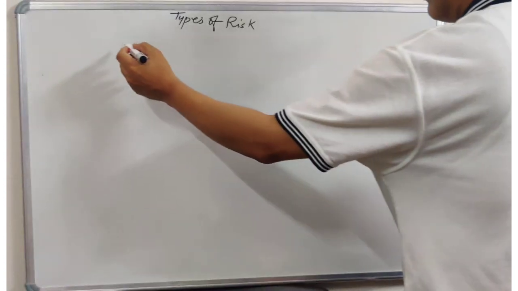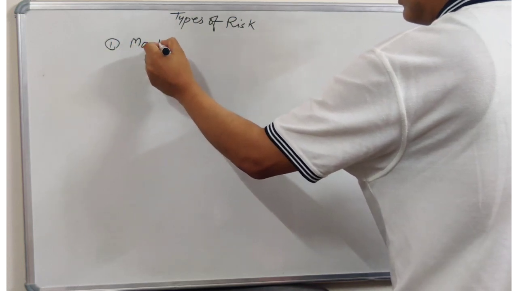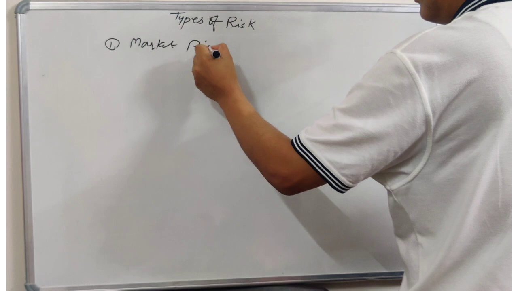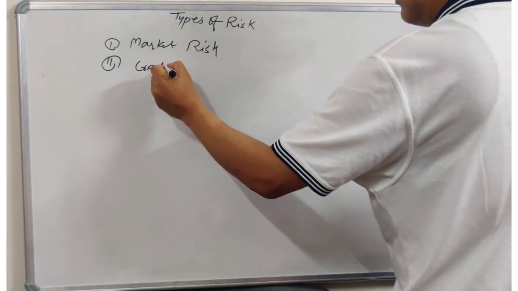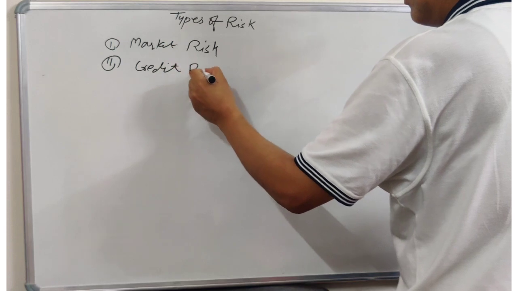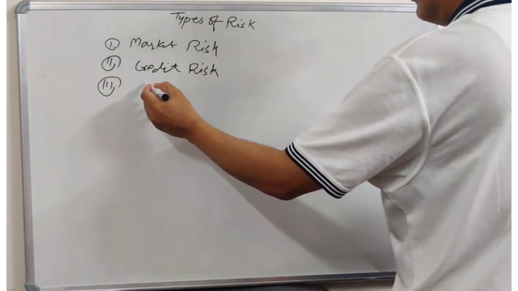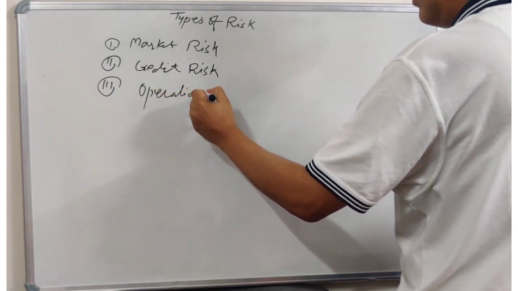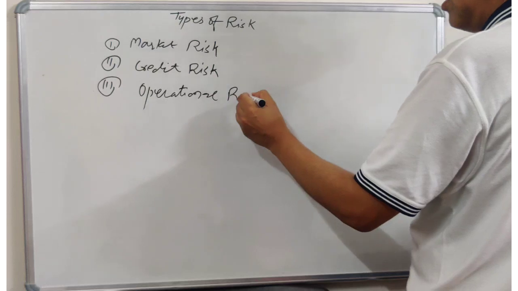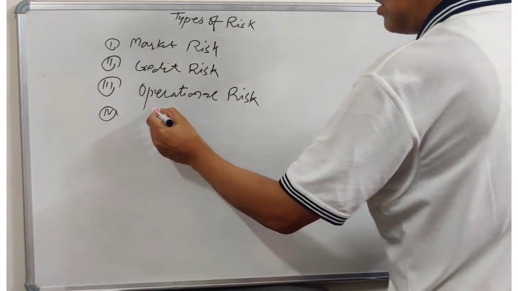So for types of risk, we can say there is market risk. This is one of the risks. Then we can say credit risk. Then we have operational risk. We can have liquidity risk.